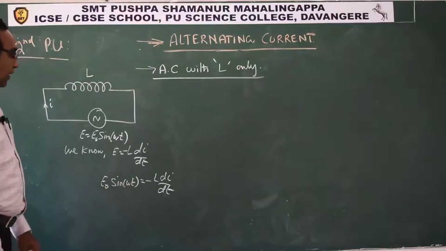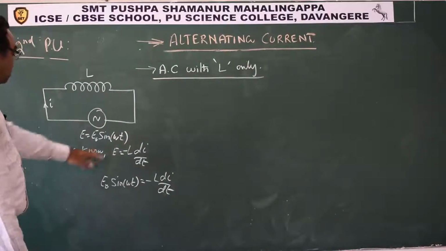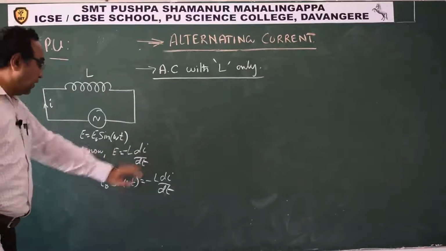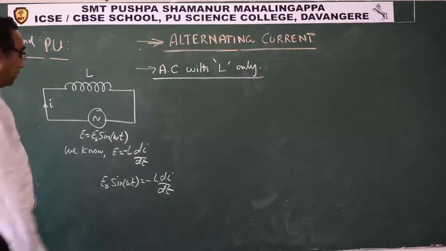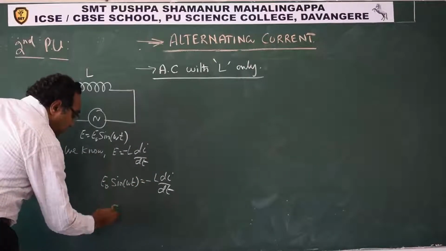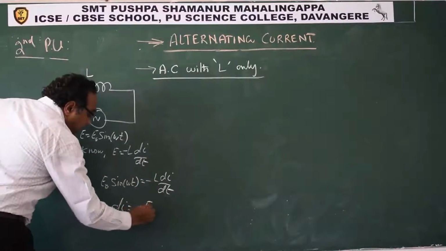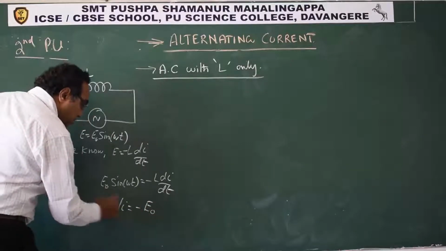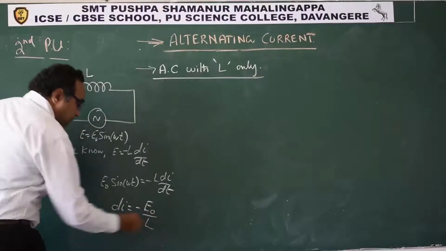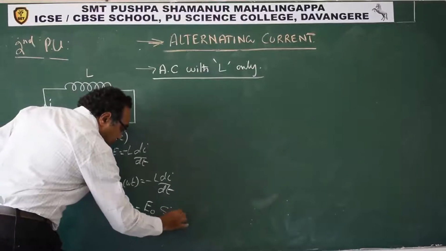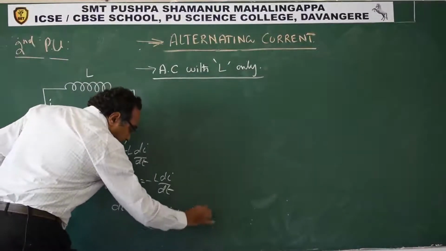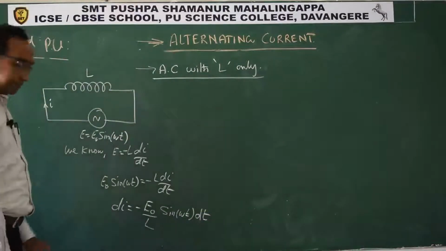Now we need to find the expression for I. How will you find I? See here, we can write di is equal to minus of E naught by L sine of omega t dt. This is what we can write.